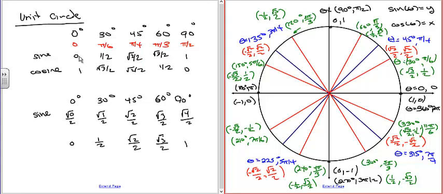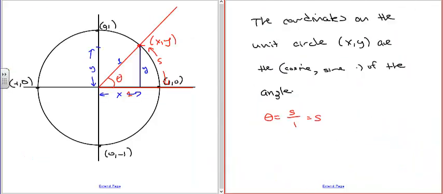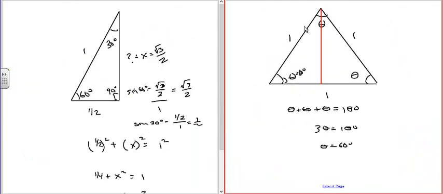We also talked about how the sine of 0 is 0 and the cosine of 0 is 1, and they flip around at 90 degrees. So we still had 30 and 60, so what we did there was we took the equilateral triangle, which has equal angles of 60 degrees, and then we cut it in half so that we had a 60, 30, 90 triangle instead of a 60, 60, 60 triangle.